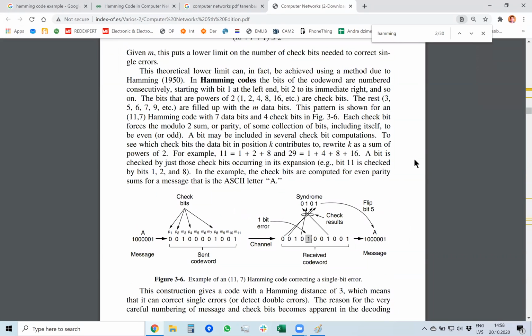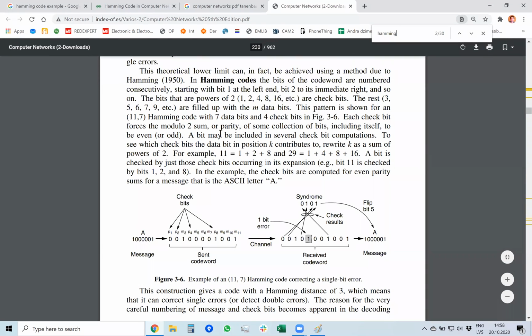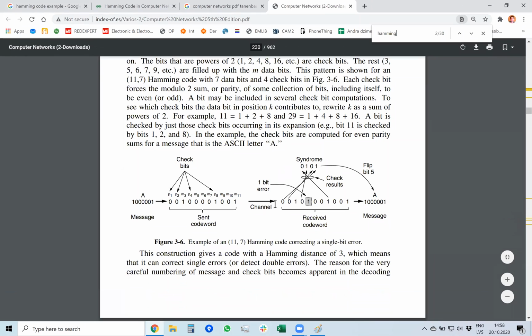Okay, here's a better example. So in this case, basically, the bits that we want to send go into the locations that are not powers of 2. So for example, location 1 is 2 to the power of 0. So this will be for parity. Position number 2 is 2 to the power of 1. It's 2. So this is also for parity.